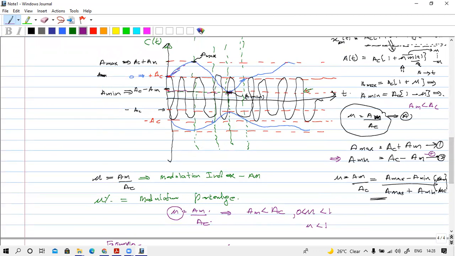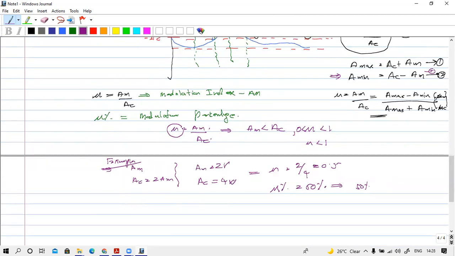If you get AM as 1 volt and AC as 4 volt, then you will get mu as 1 by 4, that means 0.25. So the modulation percentage is 25%.